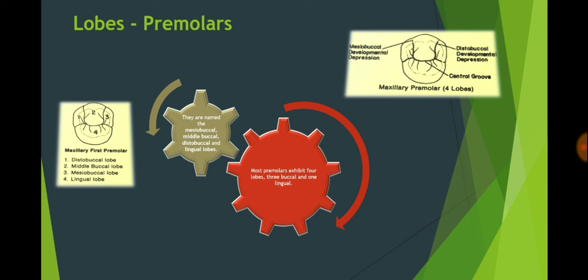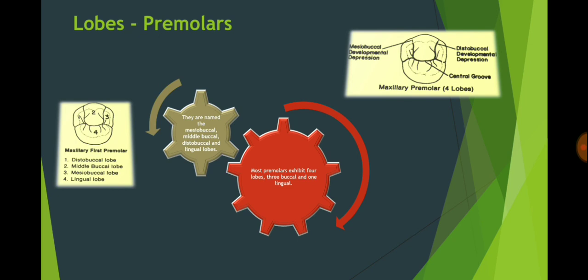So the lobes on the premolars. The lobes of the premolars are named similar to the lobes in the molars. Most premolars exhibit 4 lobes. They have 3 buccal lobes and 1 lingual lobe.